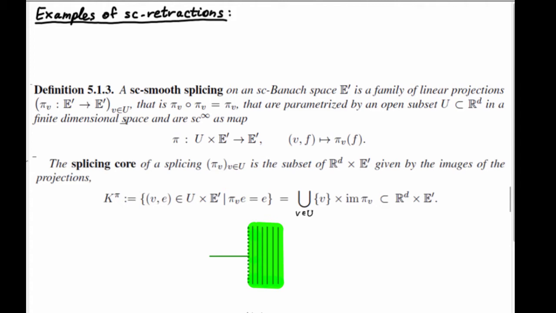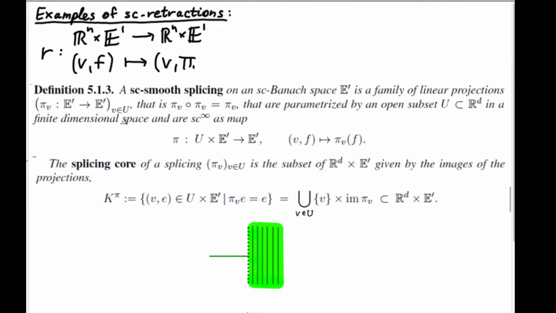So, most generally, the retracts I have in mind here will be retracts where I have finitely many dimensions split off in my scale Banach space, and what my map is, for some reason points in E prime are called F here, is simply a family of projections, so linear projections on E prime.